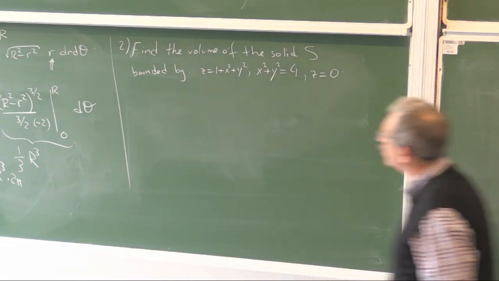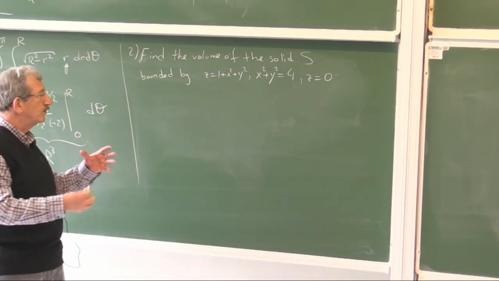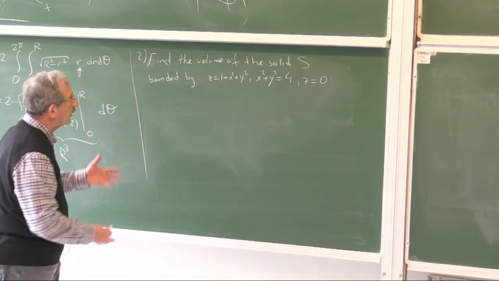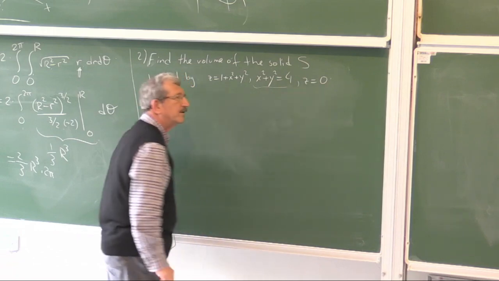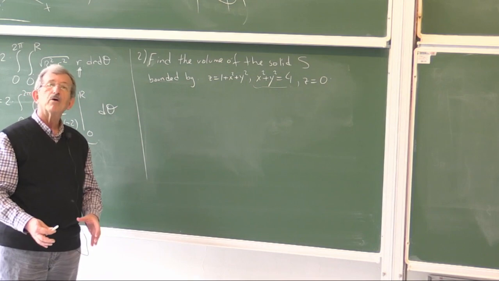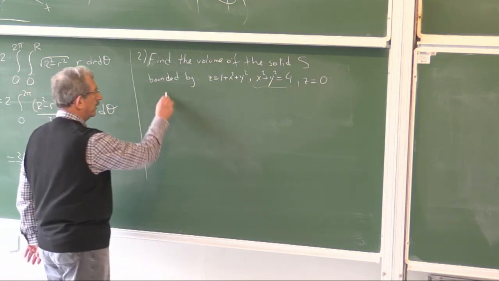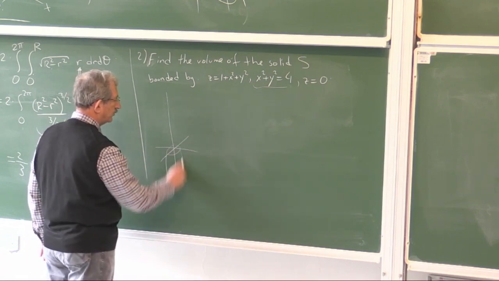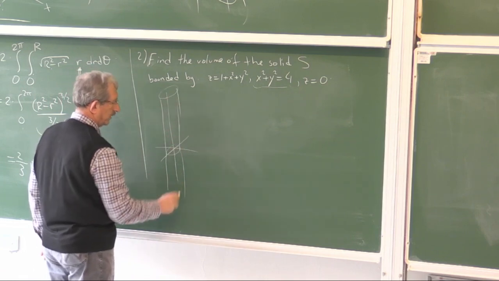Well, in all geometric problems, it's always a good idea to see what we're dealing with, namely make a rough sketch. When we look at this, we see that there is no z here. It's a cylinder which goes up and down with radius 2. So, in here, we have a cylinder which goes down and up like this.